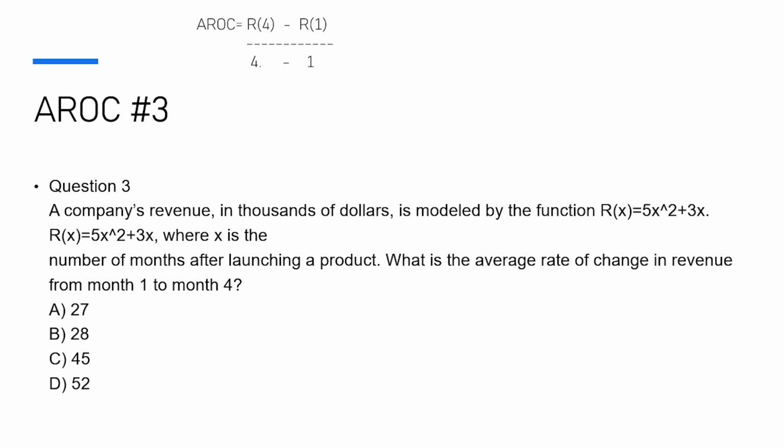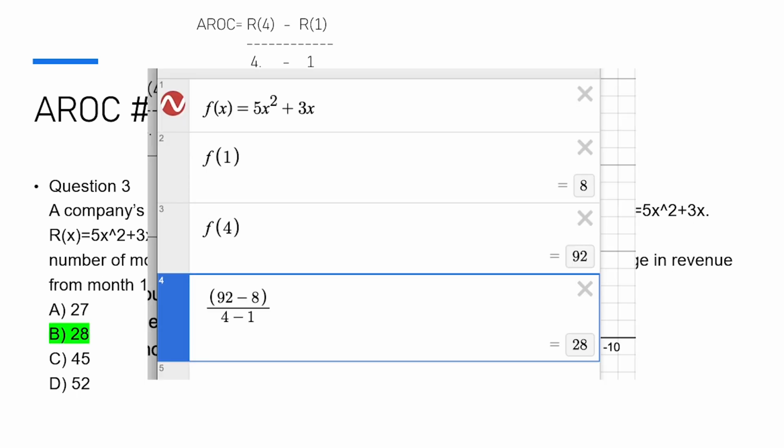So for the f of x equation, you plug in 4 for x, you get the answer, and you plug in 1 for the same equation, and you get the solution for that. Here I did it using decimals.